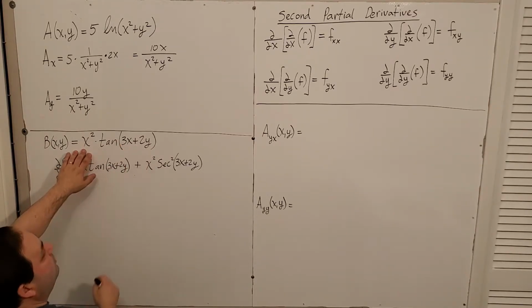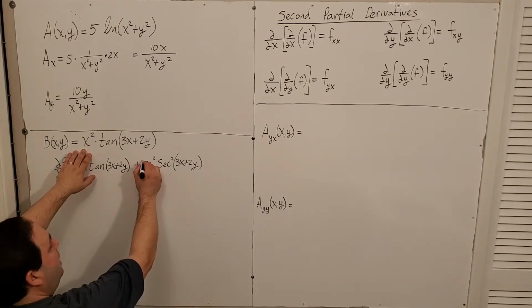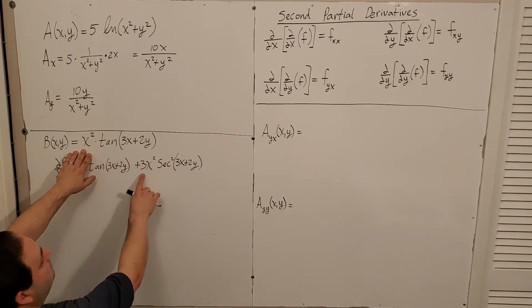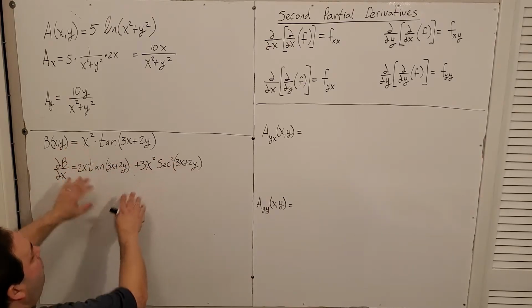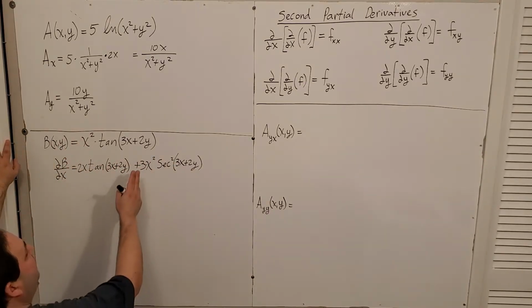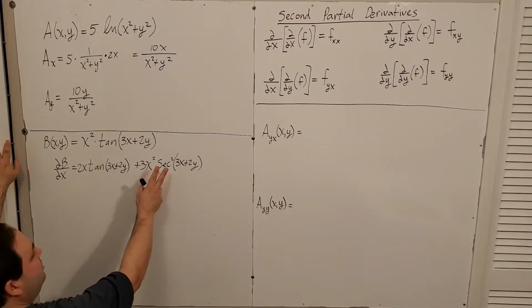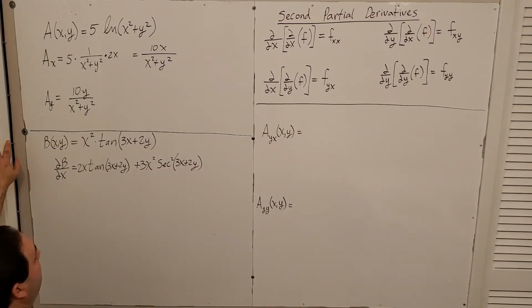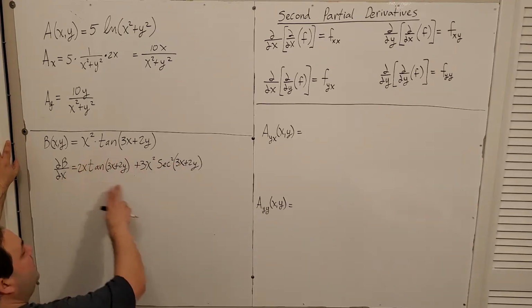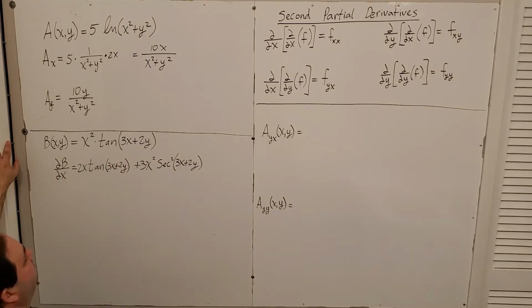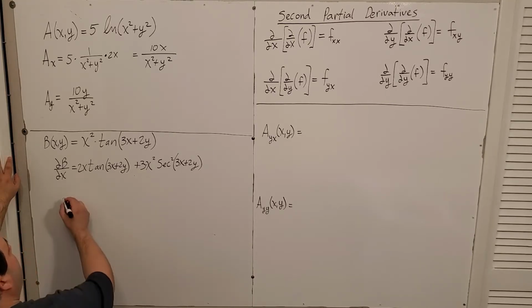So in this case, that would be 3. So I'll just pop a 3 in front right here. And then there's my product rule for that one. I don't really see a lot in common other than maybe the x's. The tangent and the secant aren't going to factor out. So really, in this case, I would leave this derivative in this format, unless there was something specific you were looking for. Okay, partial of b with respect to y.